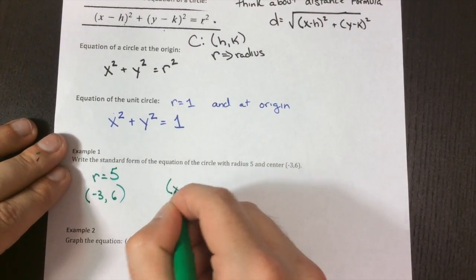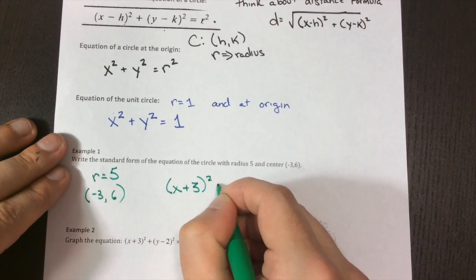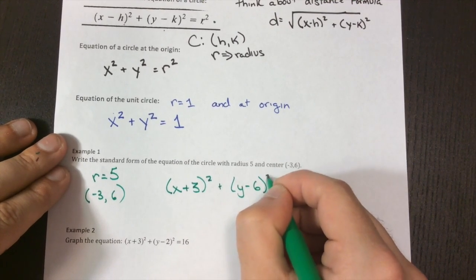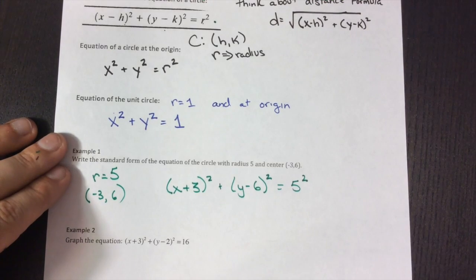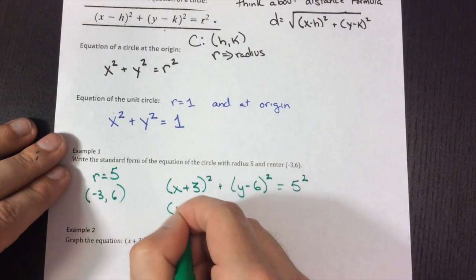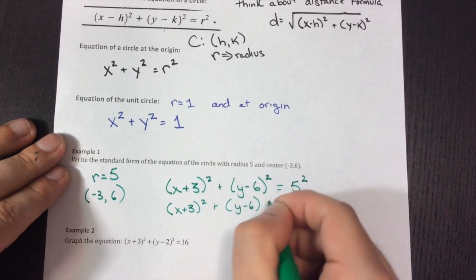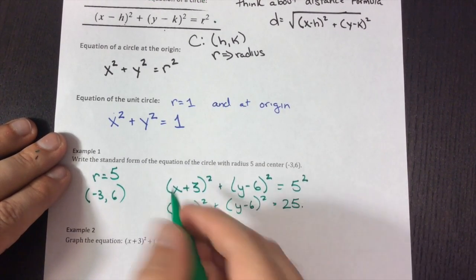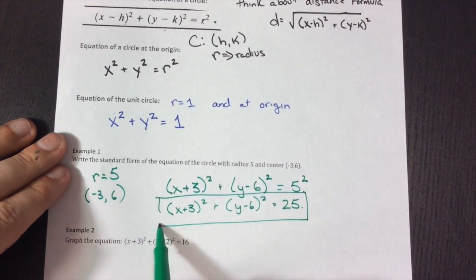So I have (x minus -3) squared plus (y minus 6) squared equals 5 squared. Just to clean this up, that's (x plus 3) squared plus (y minus 6) squared equals 25. If you want to just jump straight to 5 squared is 25, be my guest.